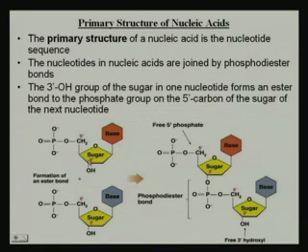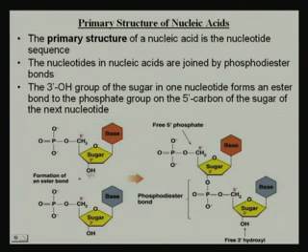Now, here you see this is the carbon 1, 2, 3, 4, 5. First carbon is already occupied by this nitrogenous base, and in the third carbon, this phosphate group of another nucleotide is going and getting bonded with the phosphodiester bond.